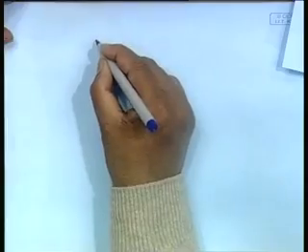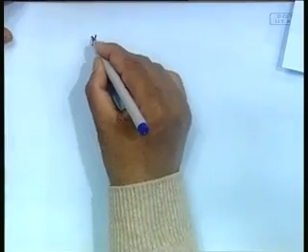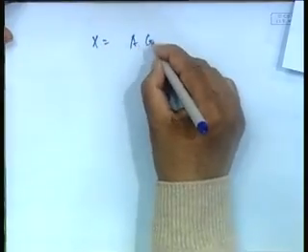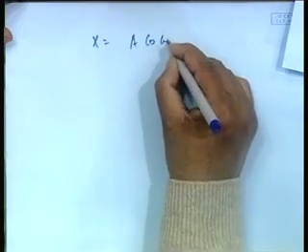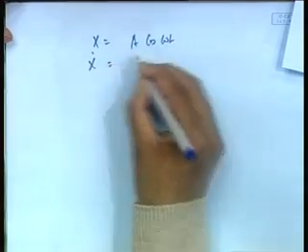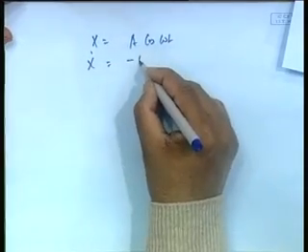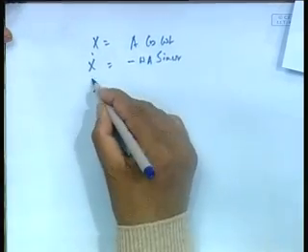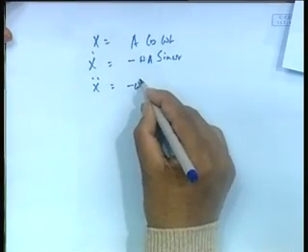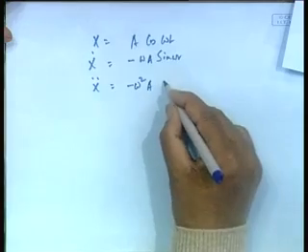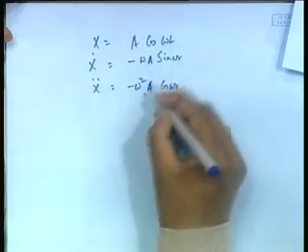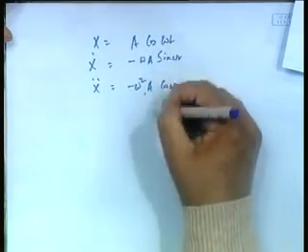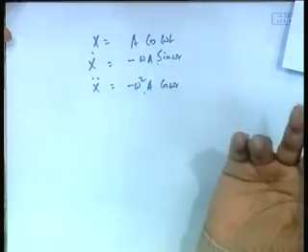Everybody knows it in any signal, but it is also very easy to see, because if you write x equal to a cos omega t, then x dot is going to be minus omega a sin omega t, x double dot is going to be minus omega square a cos omega t. So you can see this and this are opposite, 180 degrees, this and this 90 degrees, etc.